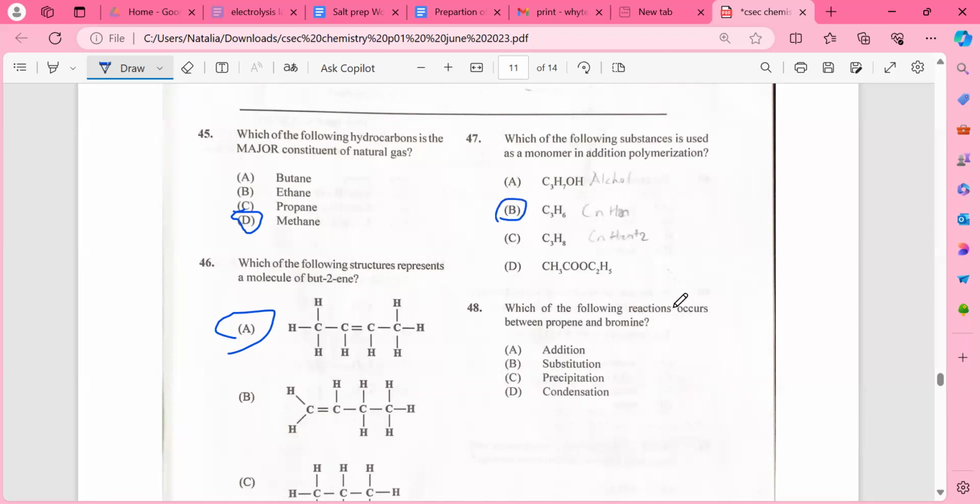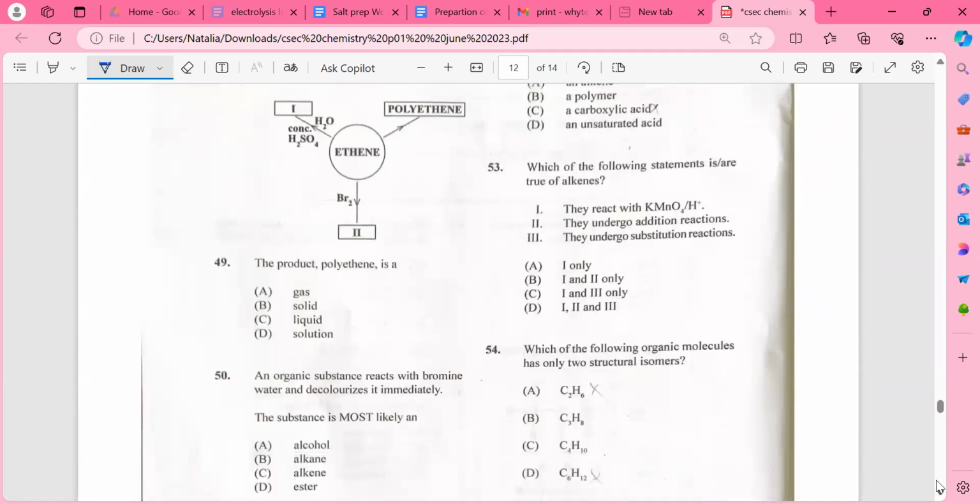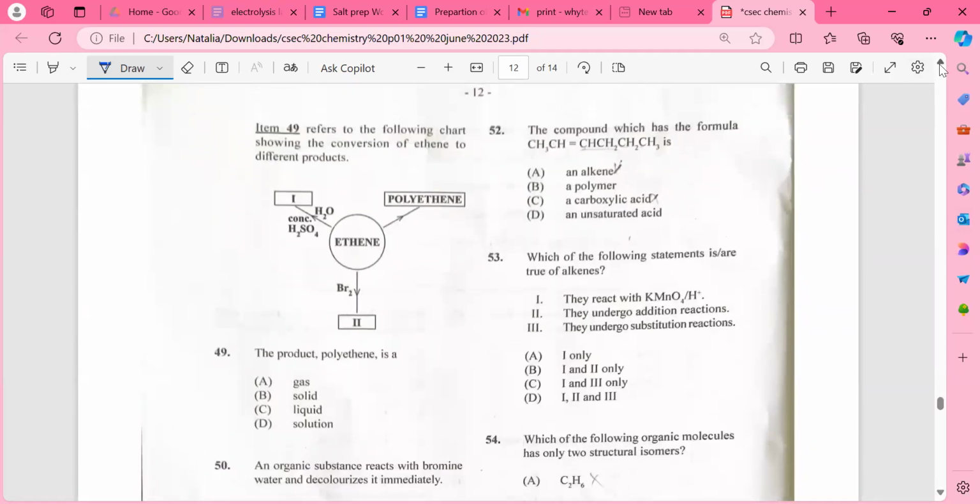Which of the following reactions occurs between propene and bromine? Propene and bromine, that's an addition reaction. Item 49 refers to the following chart.